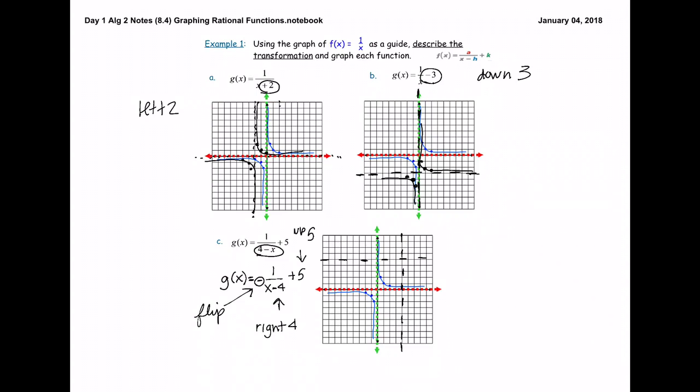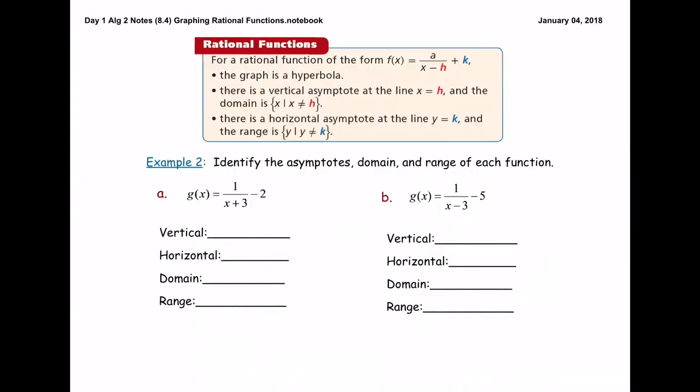And then when we flip over our x-axis, our graph is actually going to be in quadrant 2 and quadrant 4 instead of 1 and 3. So it flips locations. And you just describe these transformations and graph them.